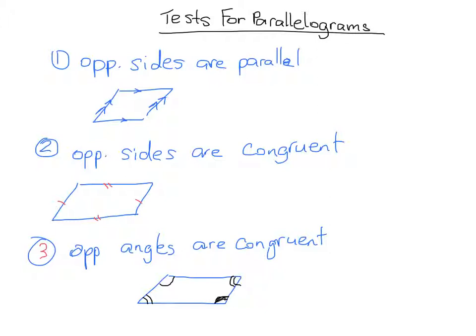All right, so there are 2 more ways that we can be sure that we're looking at a parallelogram. Let's turn the page because I ran out of space. Okay, so the 4th way that we can know that we are looking at a parallelogram is if our diagonals are bisecting each other. So let's write that down first, and then let's look at the example.